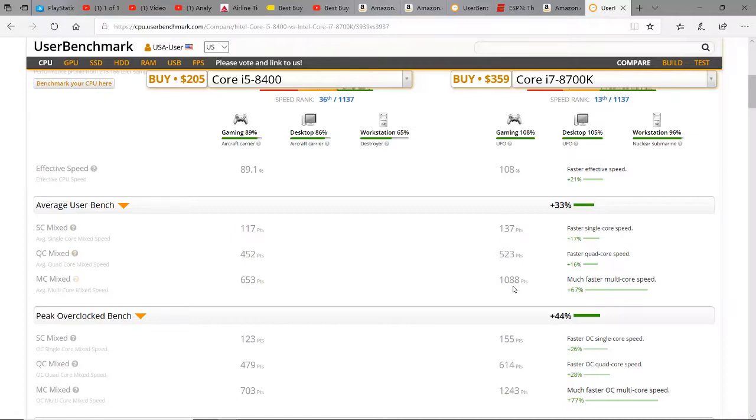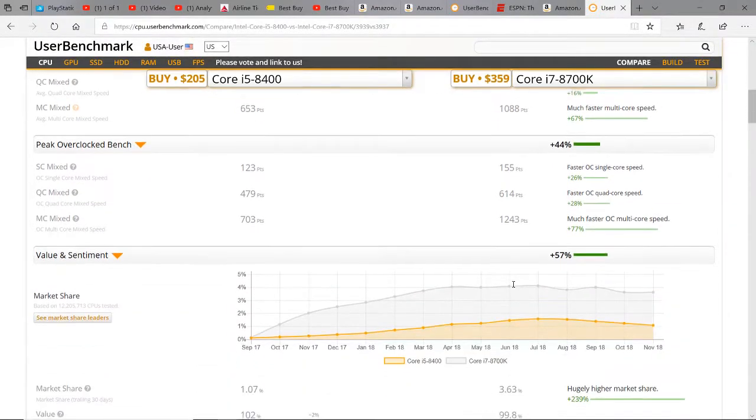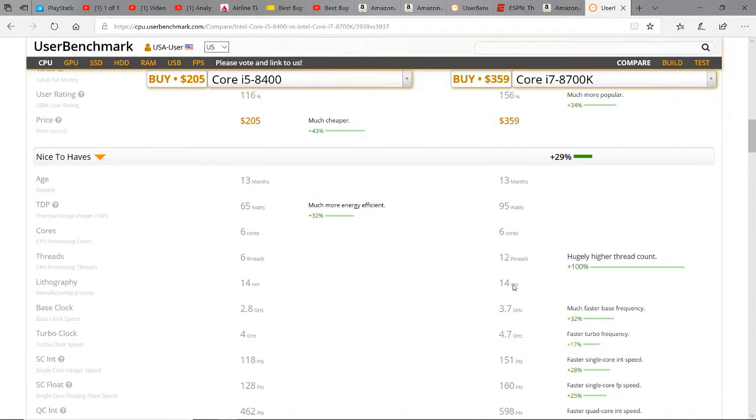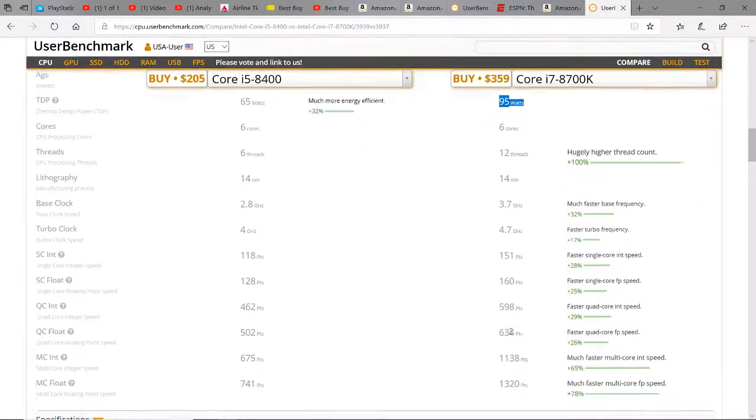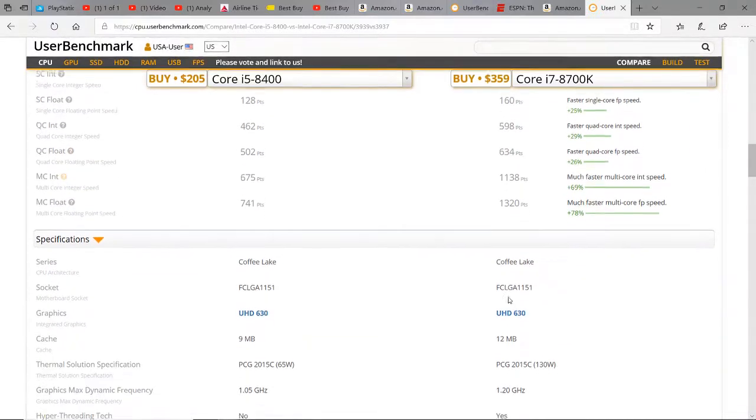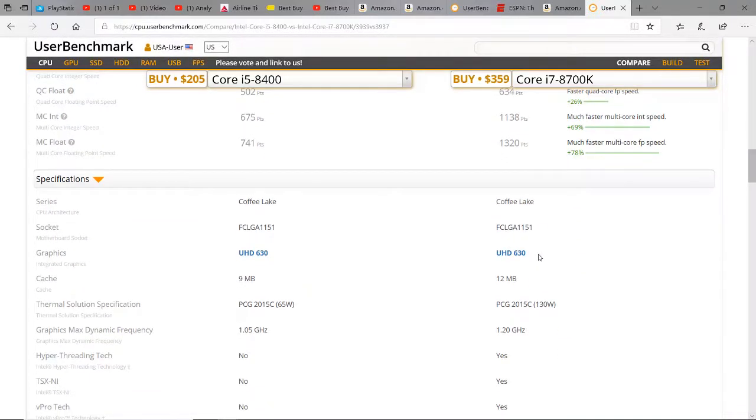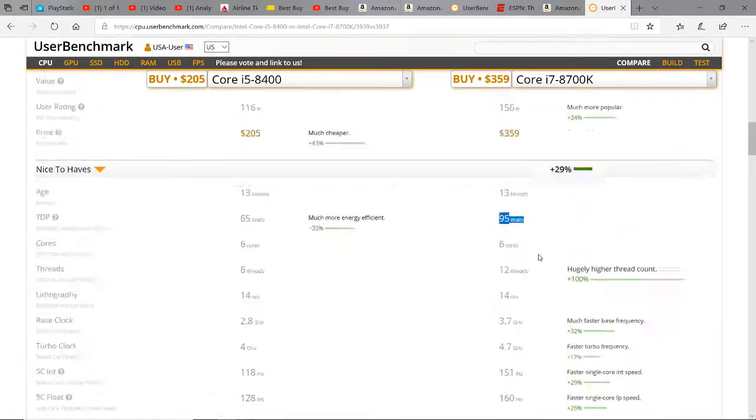Quad core, and I'm not sure, the multi-core was a little bit bigger. Now this does use more power, so that was the reason I wanted to show this one. And your turbo clock speed is a little greater. So that's basically that one, kind of like on steroids, we'll say. It's a little boosted.